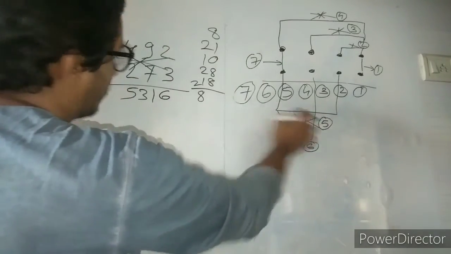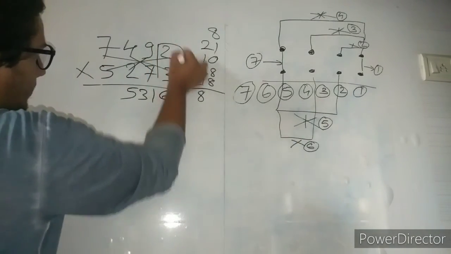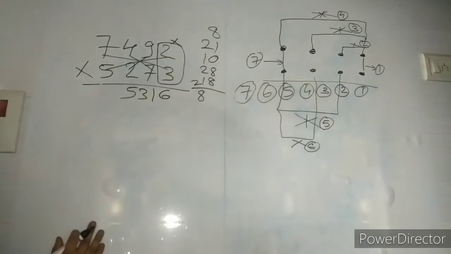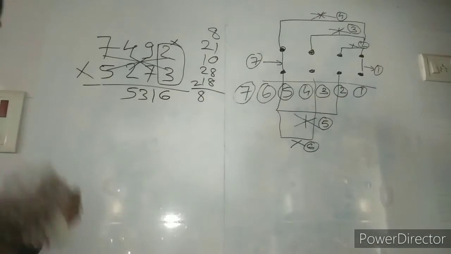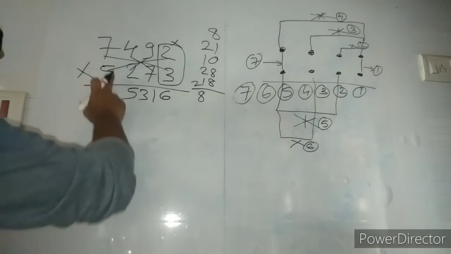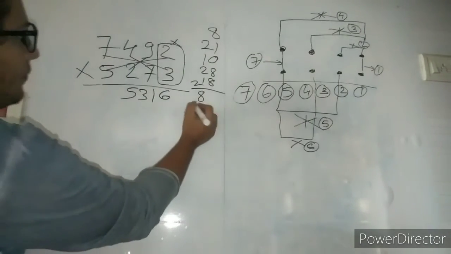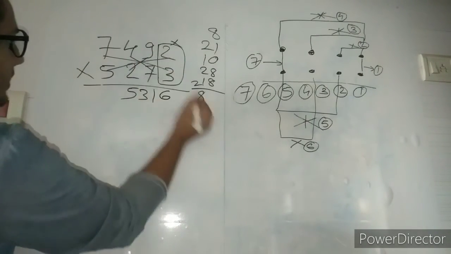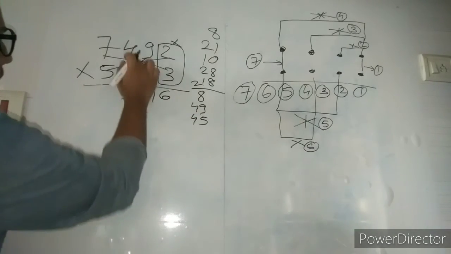Here fifth step, cross multiply, forget these two numbers. So 7 7s are 49, 5 9s are 45, 4 2s are 8.